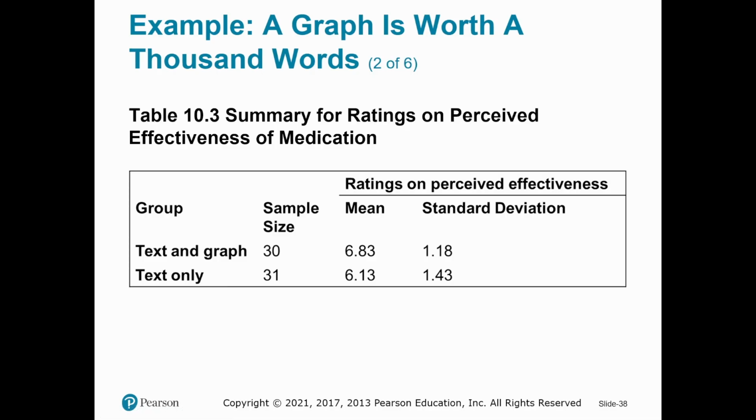Why? Because the sample mean and the sample standard deviation are what is known as sufficient statistics. Sufficient statistics. That means that all the information that's in the sample, or I should say both samples, because we're comparing two samples, are in the means and the standard deviations. All the information.